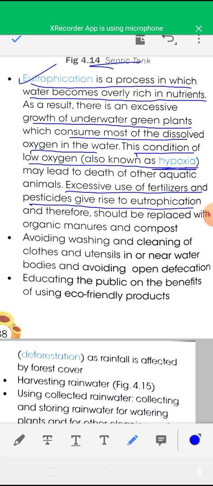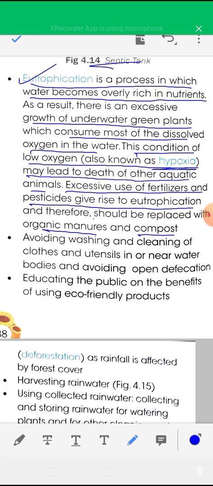This condition of low oxygen in water, known as hypoxia, may lead to death of other aquatic animals. So excessive use of fertilizer and pesticide should be avoided and replaced with organic manures and compost.